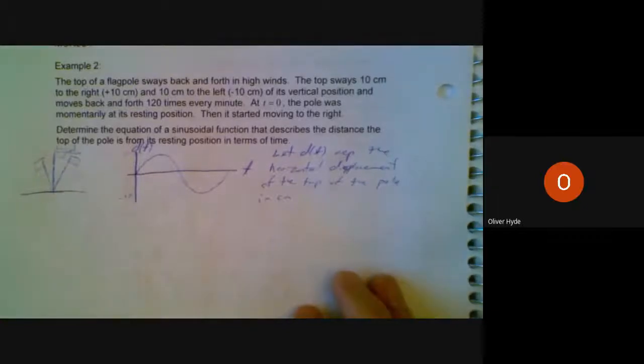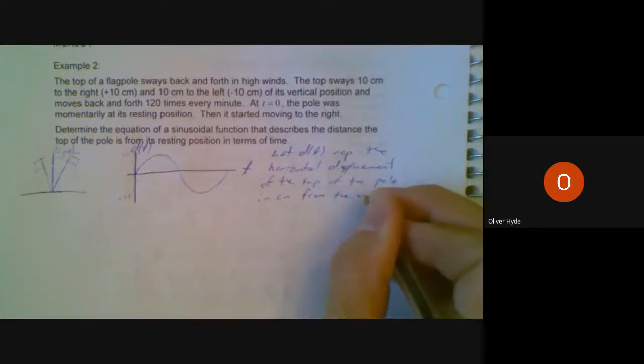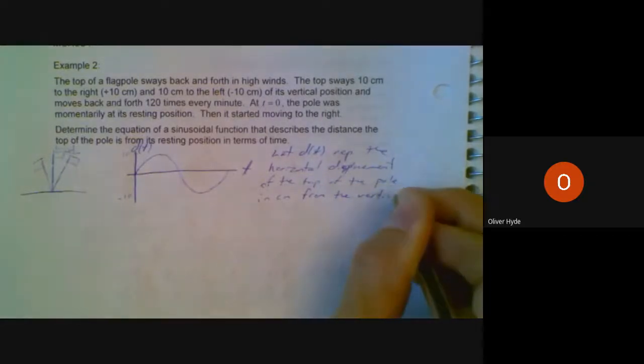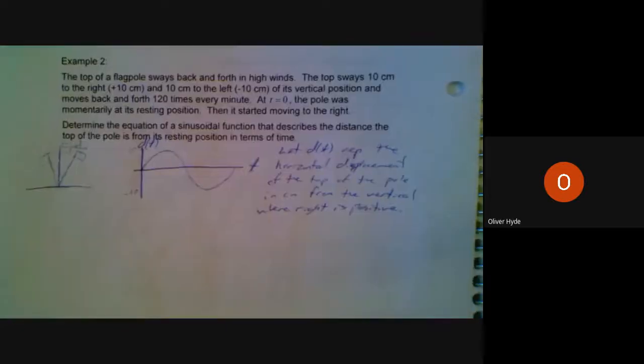And you could say, for a reference, from the vertical. I feel like we might need one other thing in here. It's kind of in the question itself, but let's just define a direction as well and say where right is positive. Just be as specific and precise as you can here.